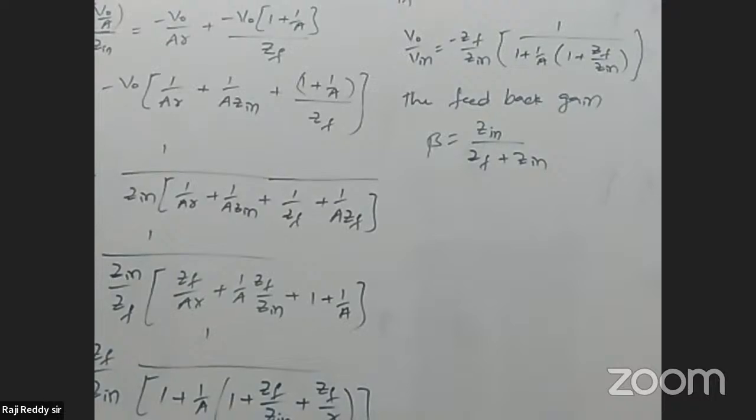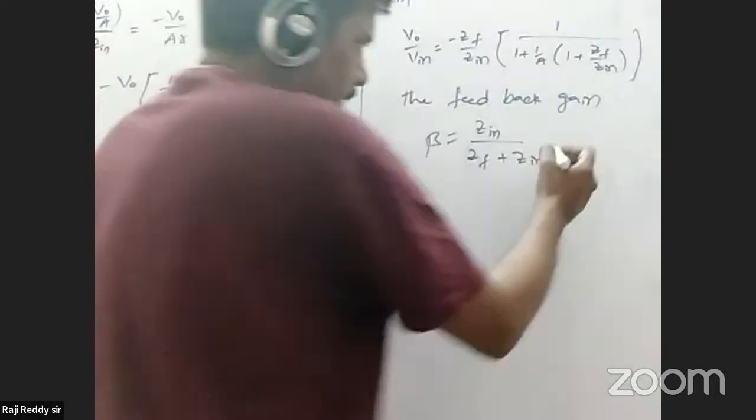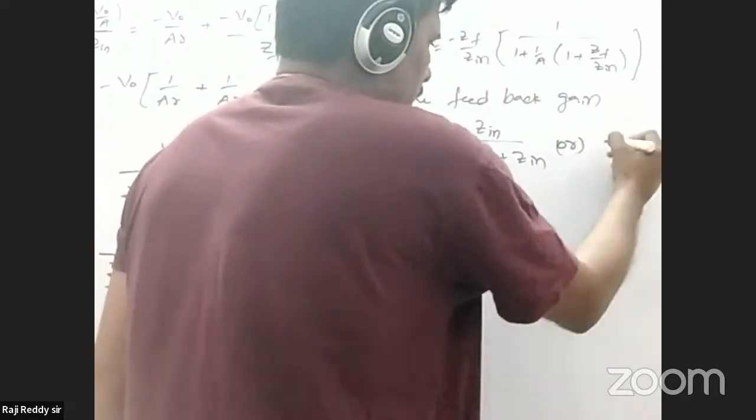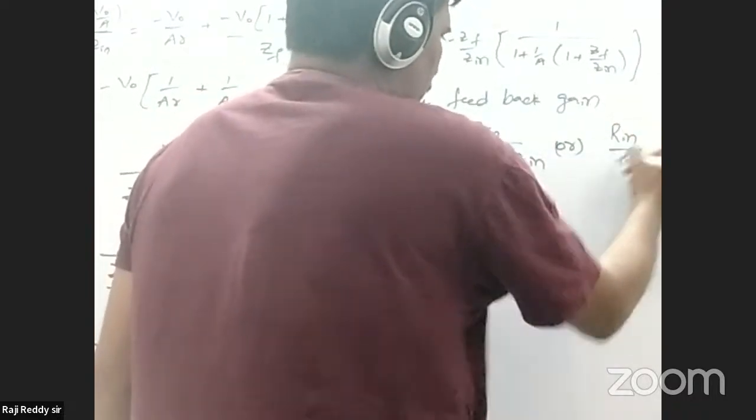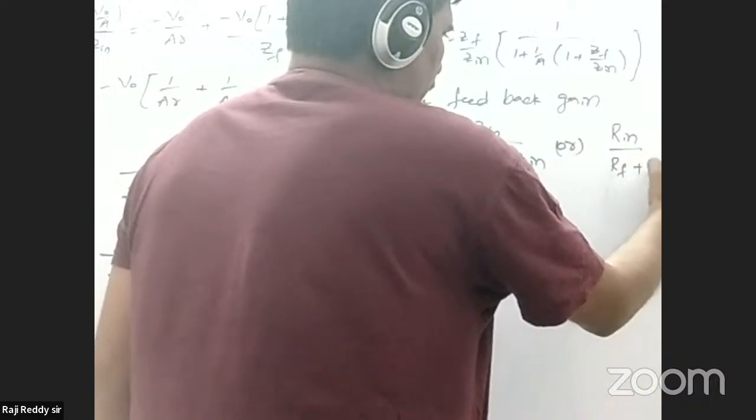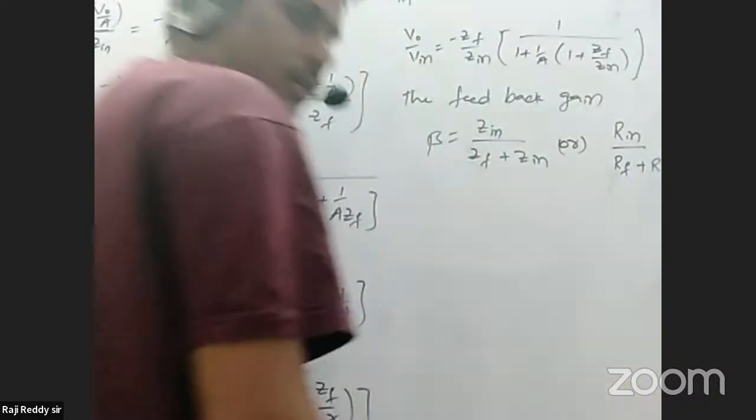Zin by ZF plus Zin. From that, you can express beta in terms of impedance; in terms of resistance, it is Rin by Rf plus Rin, the same meaning.